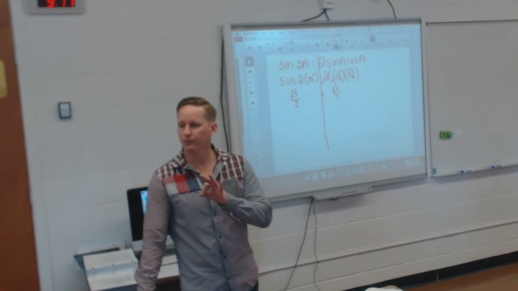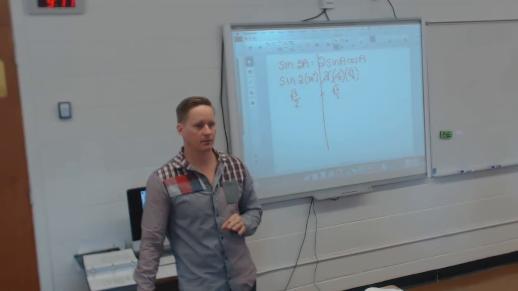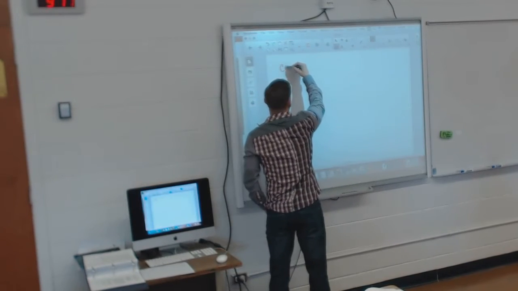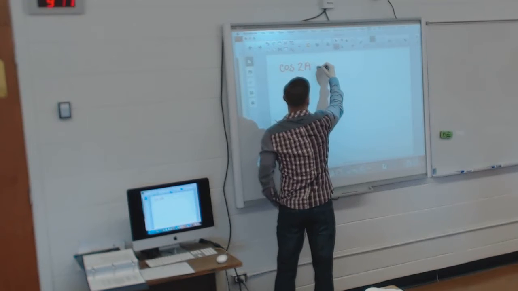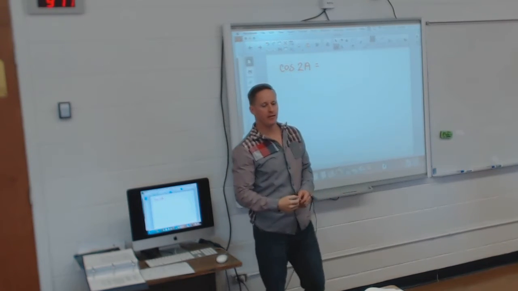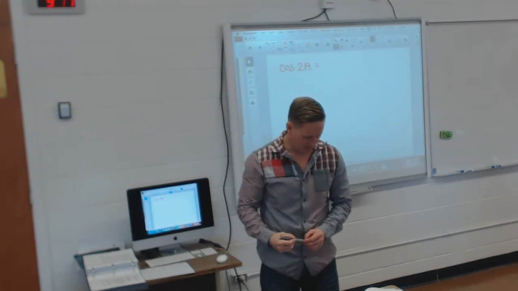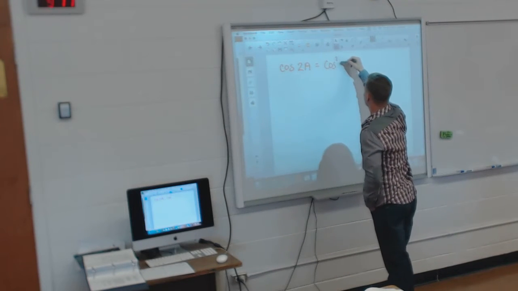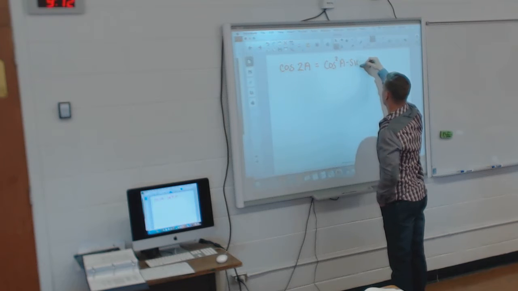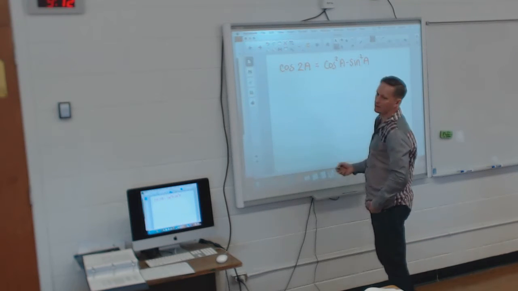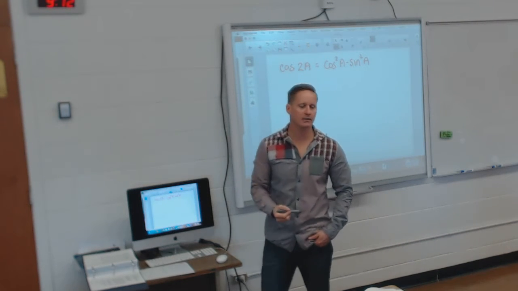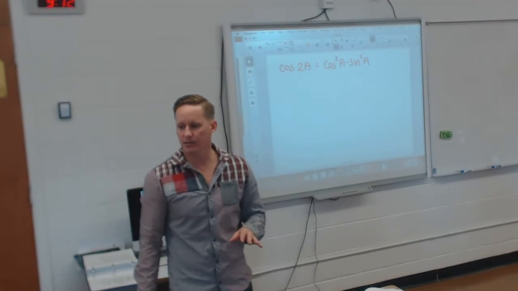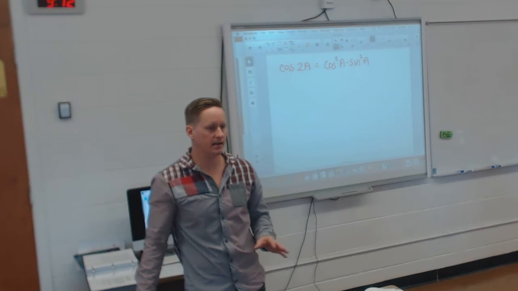Cos has 3 different versions of it. For the cos of 2A, there are 3 ways in which we can find it. The first is cos squared A subtract sine squared A. Now, yesterday I talked to you about the Pythagorean identity.